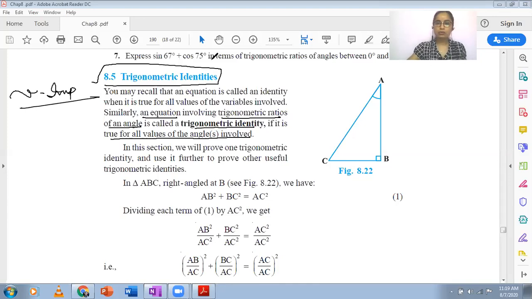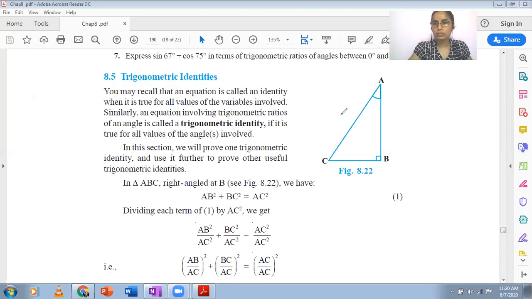Those trigonometric ratios are obviously written for some angle, and it is an equation relating those trigonometric ratios. आपको relate कैसे करना है, उनको एक equation बनाकर relate करना है. और वो इक्वेशन ट्रू होगी आप चाहे कोई भी एंगल ले लो, the one which is used in the formula. So I'll just show you how these identities have been formed, and then we are going to apply these to solve the questions in the exercise.